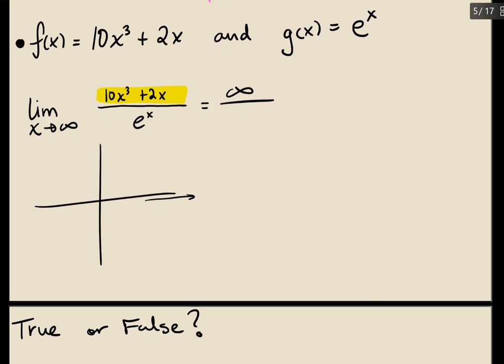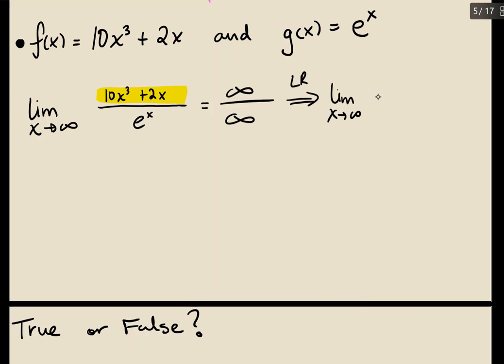Similarly, for e to the x, we have the equation for e to the x is this. So notice as x goes to infinity, the output value does increase to infinity as well. Now after you calculate a limit at infinity and you get infinity over infinity, this is an indication that we need to use L'Hopital's rule, in which we take the derivative of the top as a separate function and divide that by the derivative of the bottom.